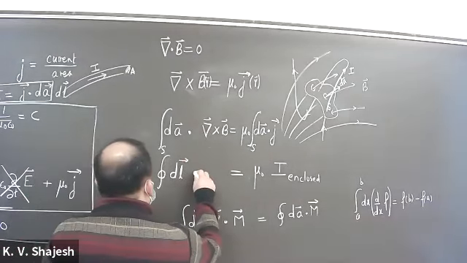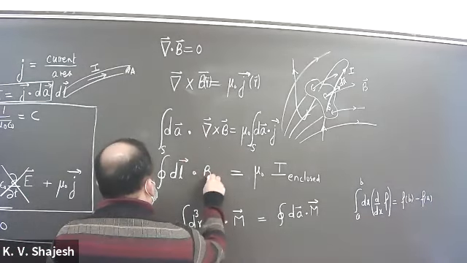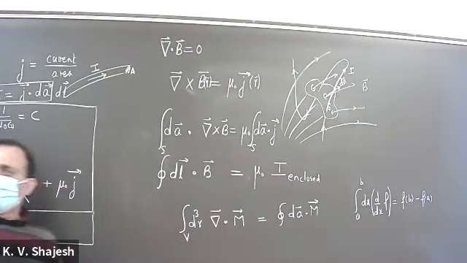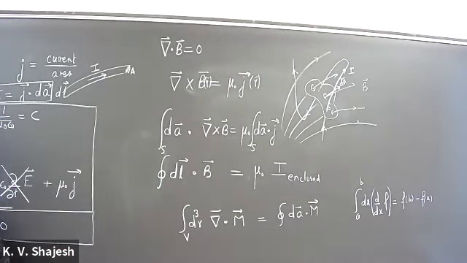And this becomes B dot dl. This is called the Stokes theorem. Familiar? You must have seen it in some form or the other.